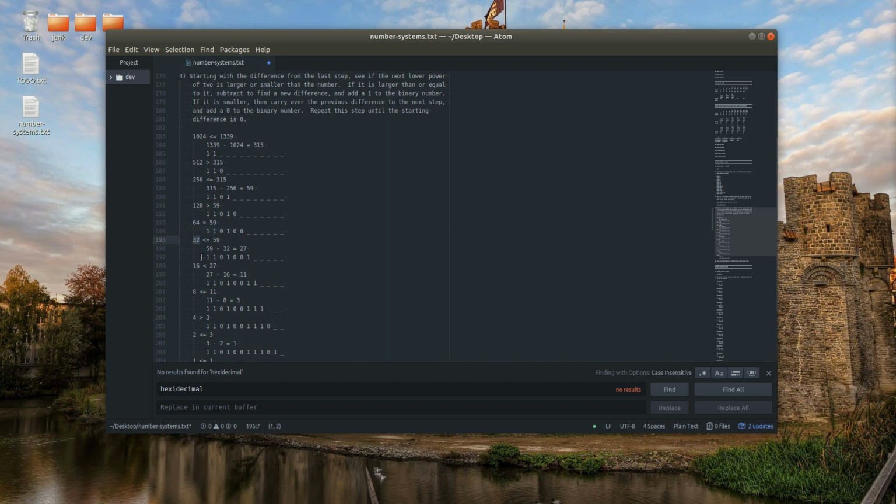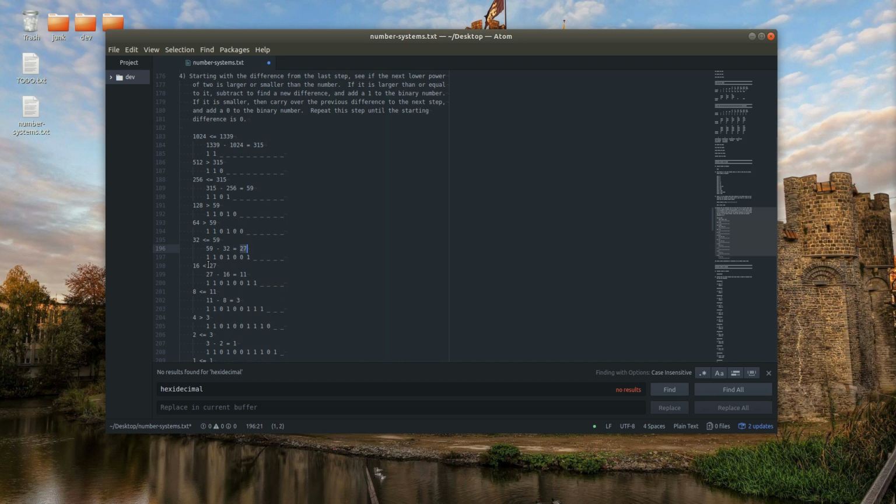Next power of 2, it's 32. It is less than or equal to 59, so we add a 1. This 32 is represented on this digit. This is the 32's place. That's why we're subtracting it. So we take 59 minus that 32, and now all we have to represent is 27.